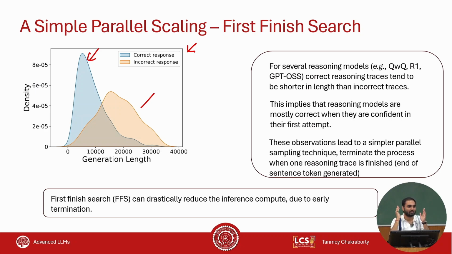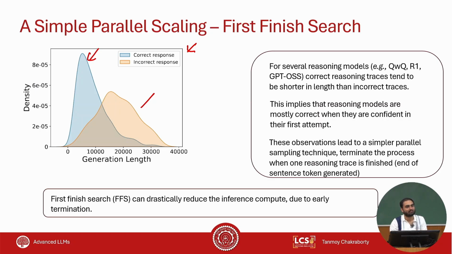So if you fix that as your budget, that okay, you are allowed to generate up to 100 tokens, there are two ways. One way is that you just create one branch with 100 tokens, or you, let's say, create 10 different branches with 10 tokens each. Of course the branch size can be different.